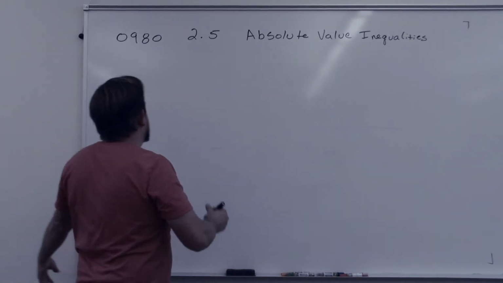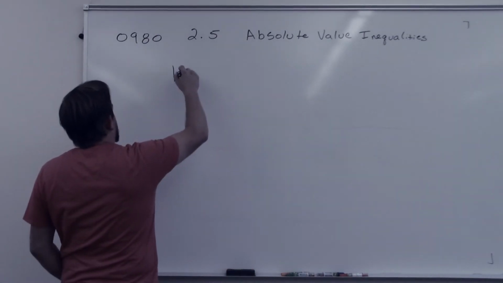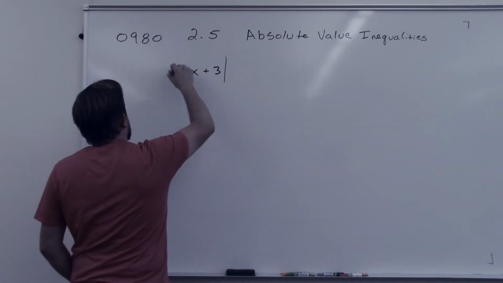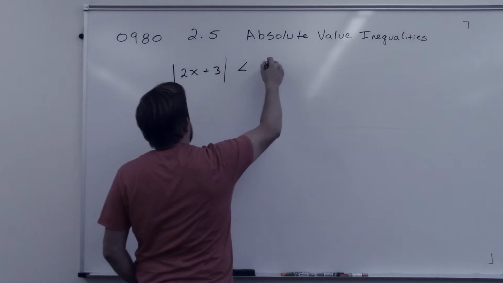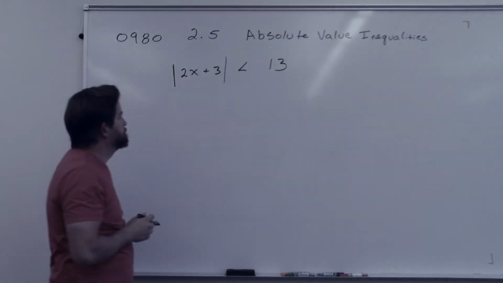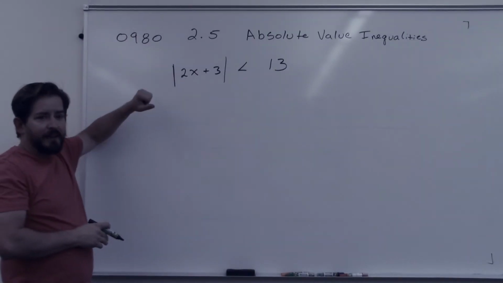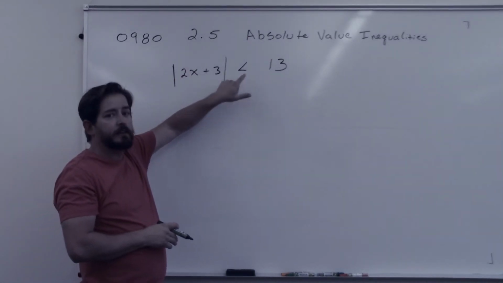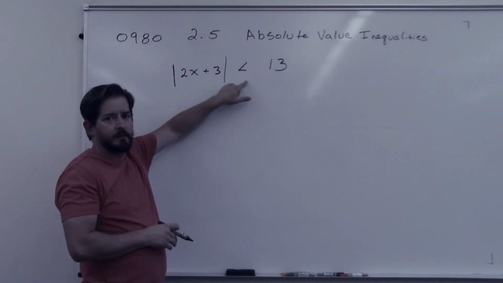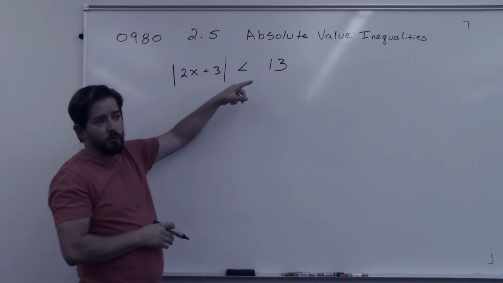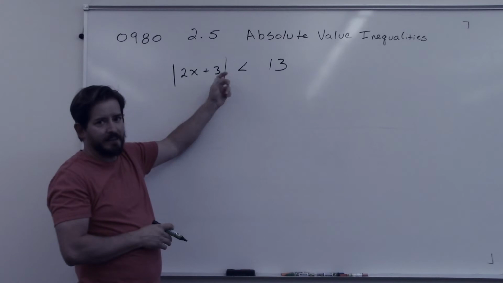Let's say I have the absolute value of 2x plus 3 is less than 13. Okay? Once again, I'm going to jump straight from here into my AND conjunction. If the absolute value of something is less than, I need to recognize that that is an AND. I need to be able to tell that the magnitude of something being greater than is an OR, the magnitude of something being less than is an AND.